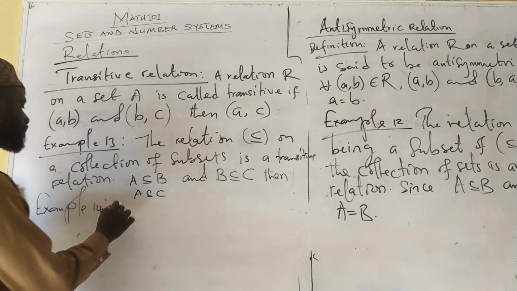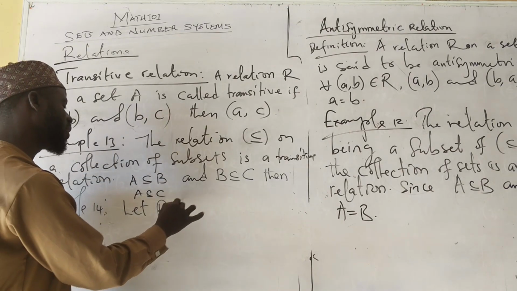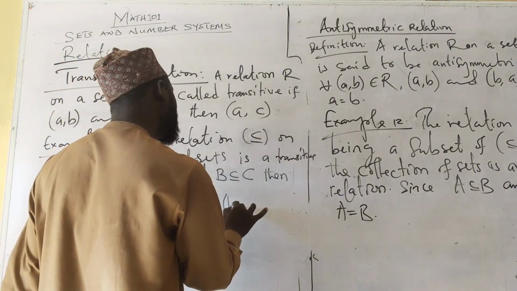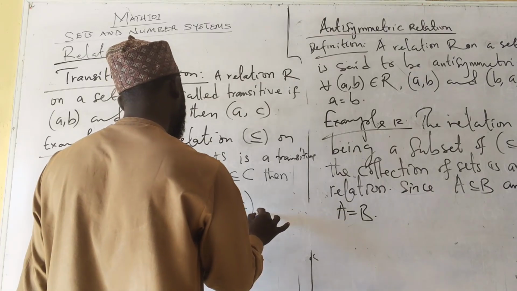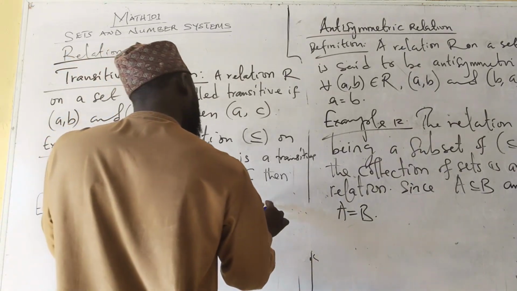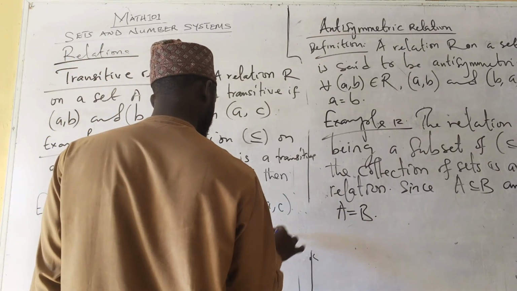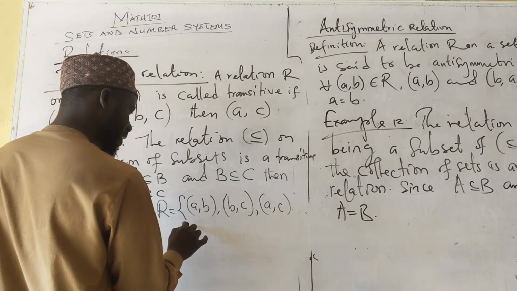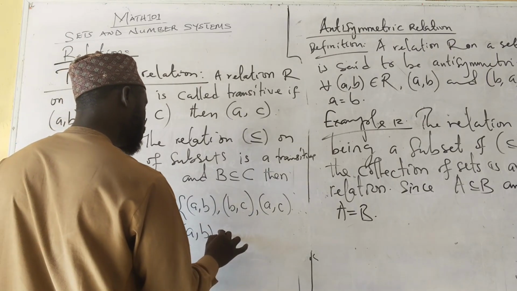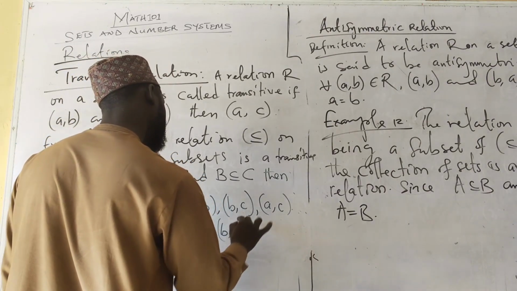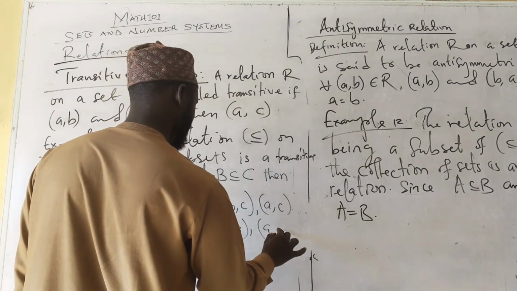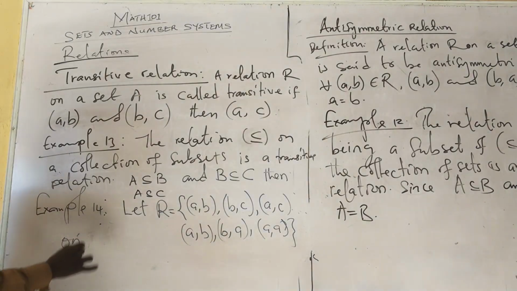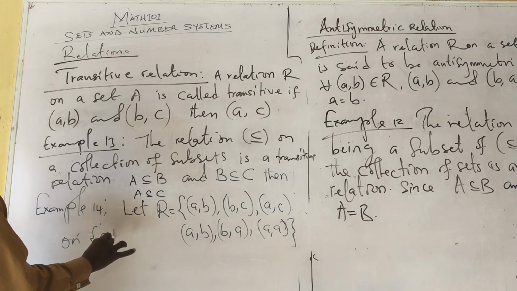Another example, example 14. Let R be equal to {(A, B), (B, C), (A, C), (B, A), (A, A)} on the set {A, B, C}.